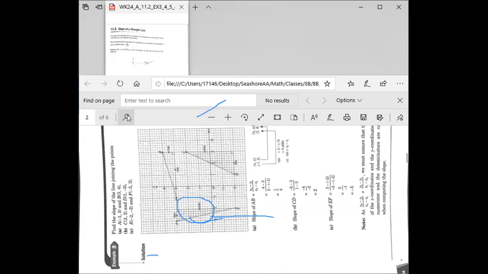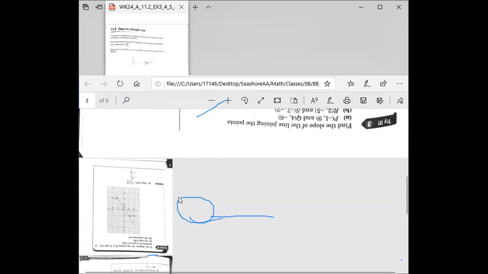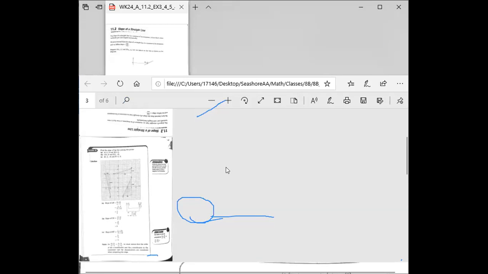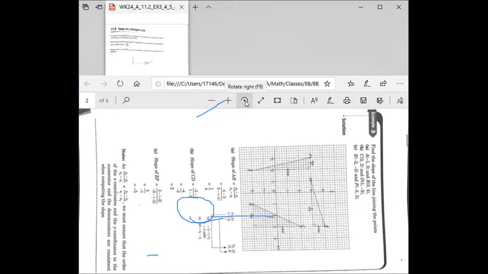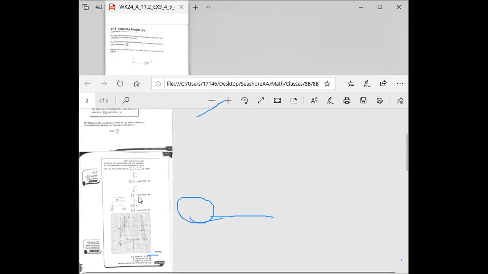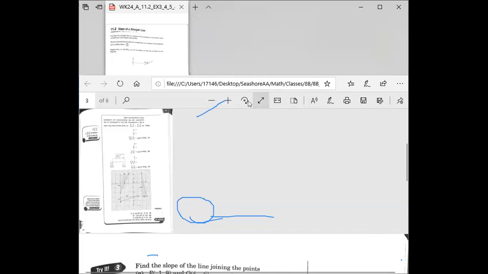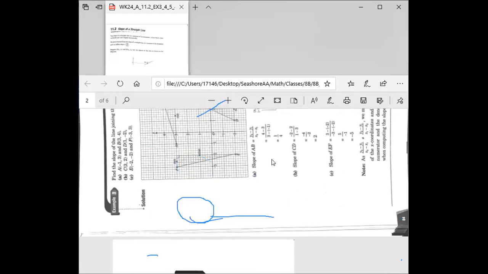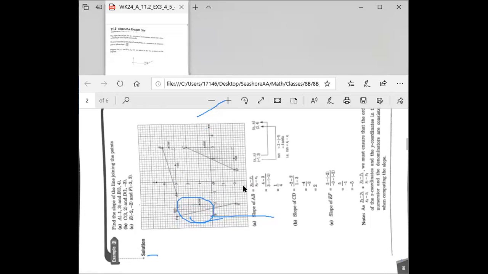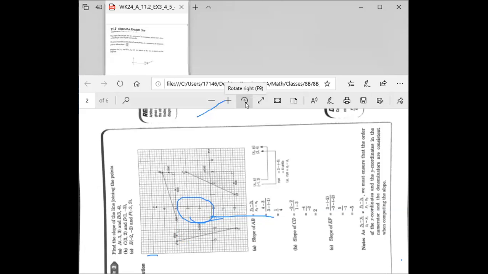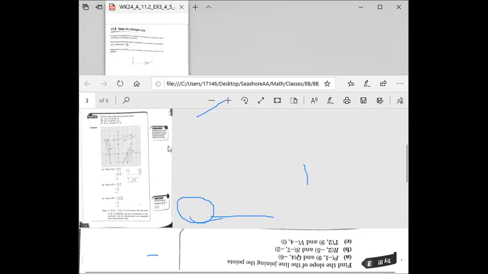Let me try to see if I can make this turn to a different direction. Let me try to turn this direction again.